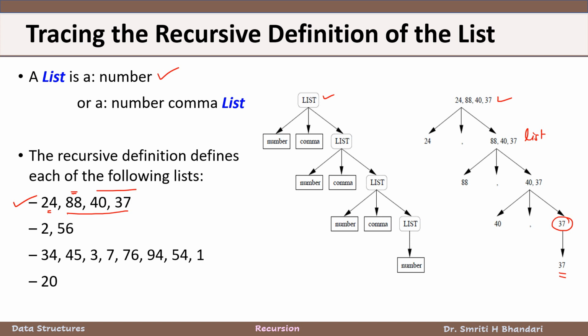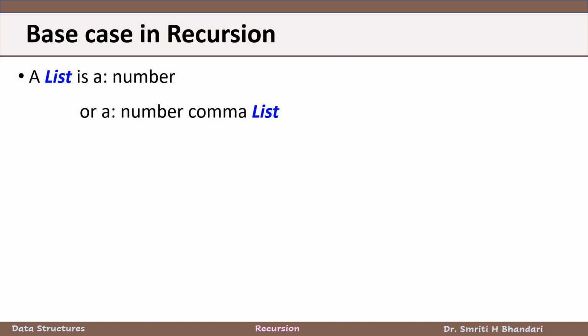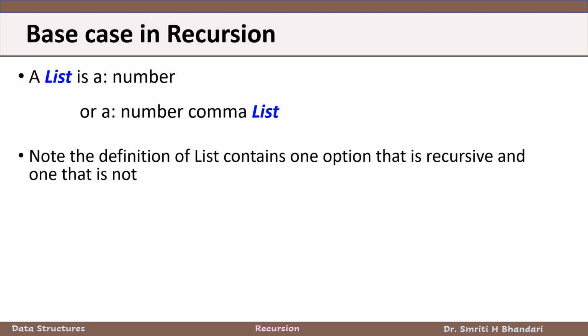If you look at this recursion, you may say that each time we are reducing the size of our list. Now, once again, referring to our recursive definition of the list, a list is a number or a number comma list. What we note is that this definition contains one option that is recursive and one option that is not recursive.